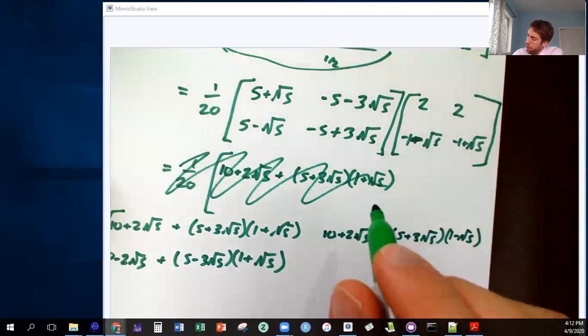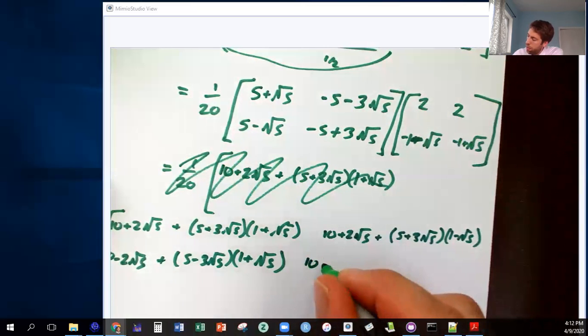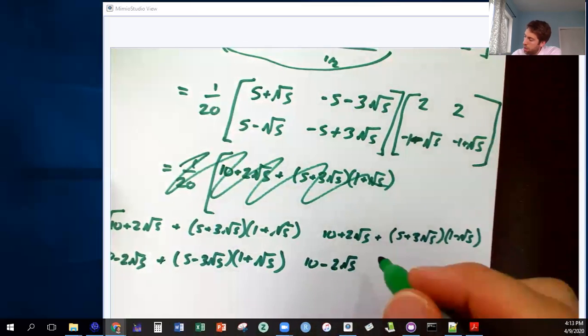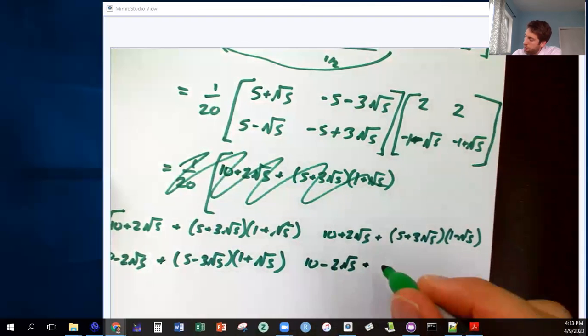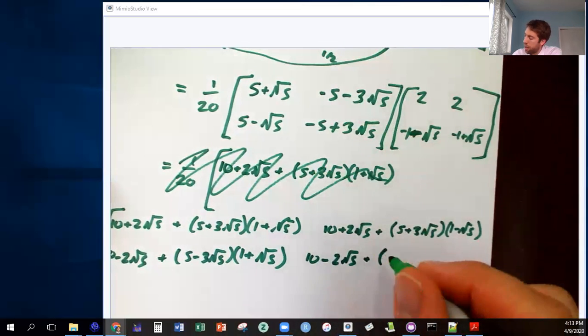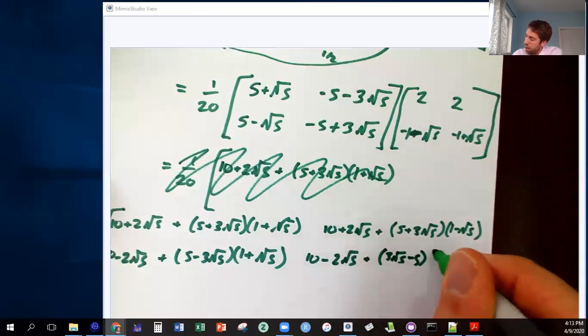And then here you've got 5 times that, so 10 minus 2 square roots of 5. And then plus, this time I've only got 1 minus and 1 minus, and won't factor anything out this time. I'll just do 3 square roots of 5 minus 5 times square root of 5 minus 1.